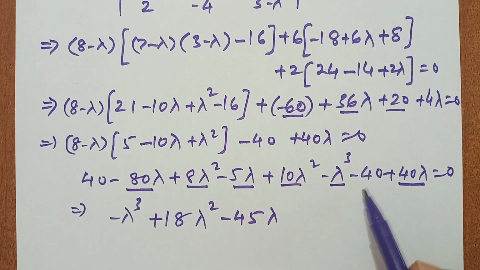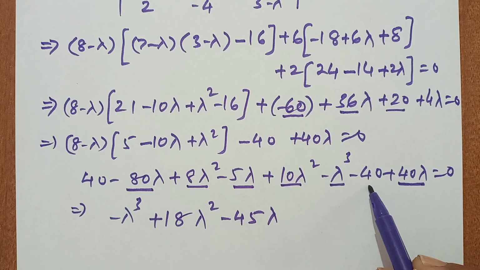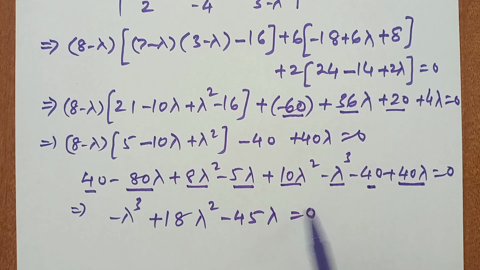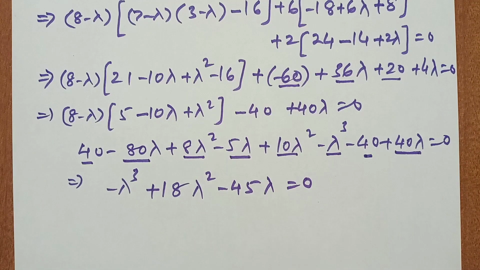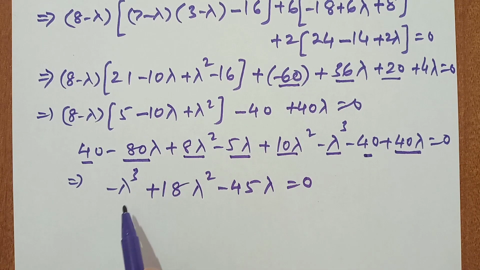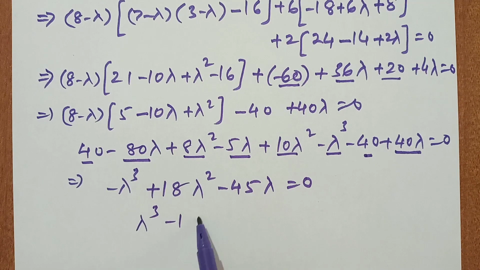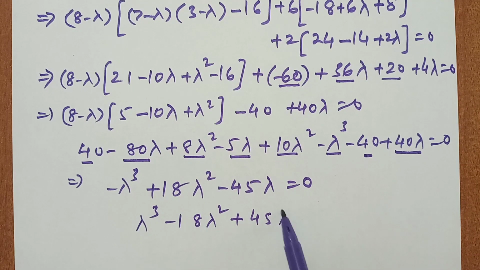The constant terms minus 40 and plus 40 give 0, equal to 0. So this is an equation of degree 3 in lambda, which can be written as lambda cube minus 18 lambda square plus 45 lambda equal to 0.